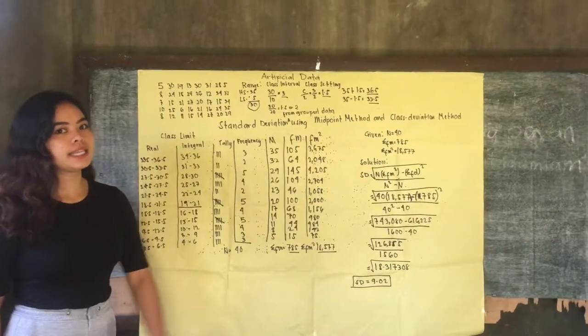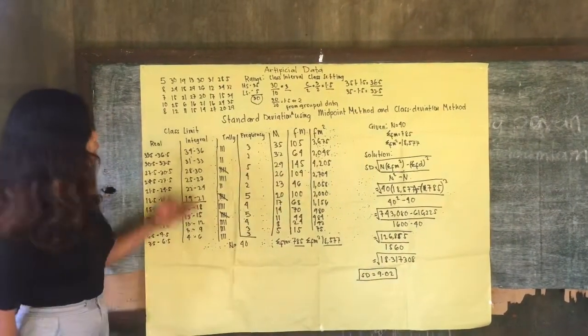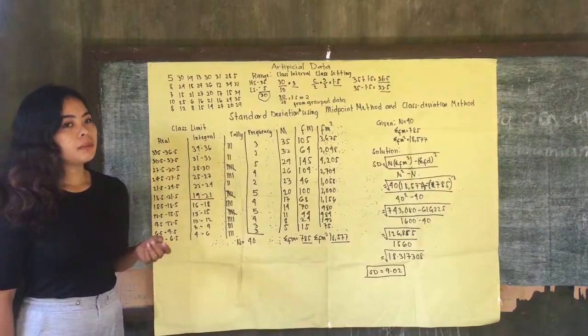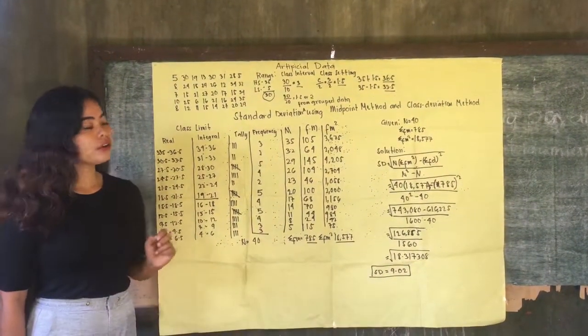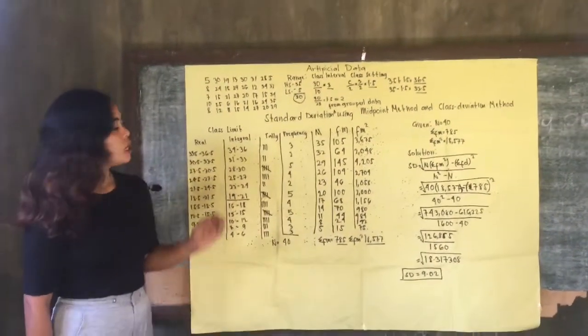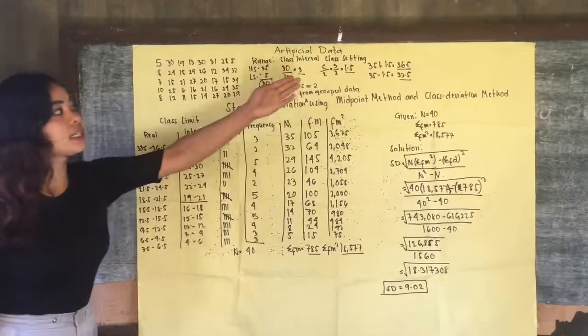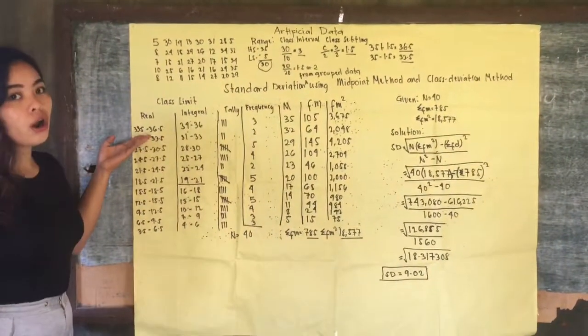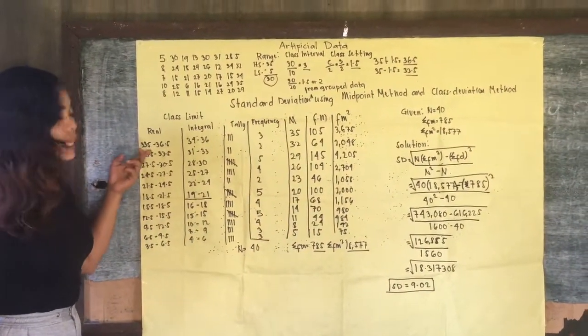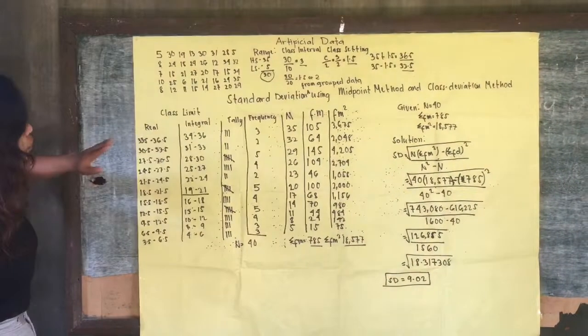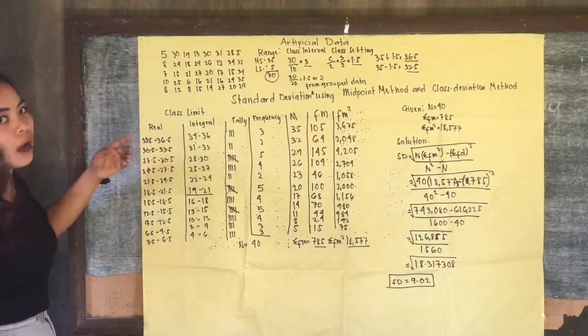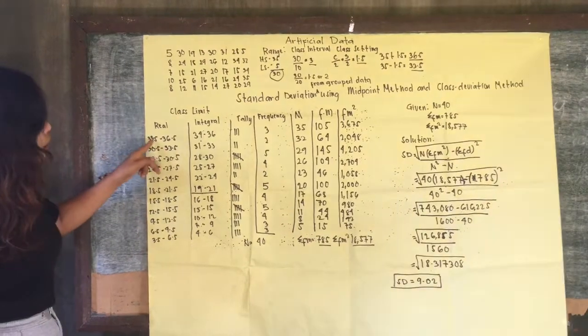As we proceed, let us now work for our real limit. To work for that, you have to subtract the class interval from your lower real limit. So our first real limit is 33.5.